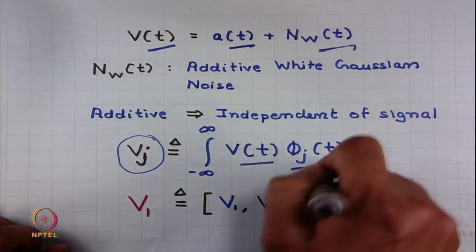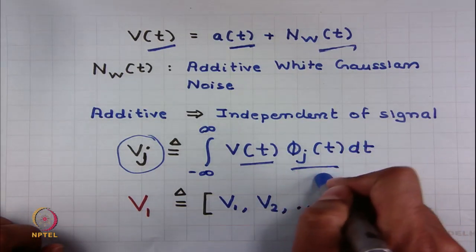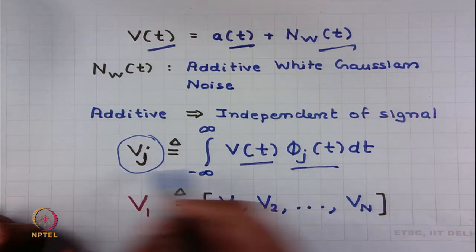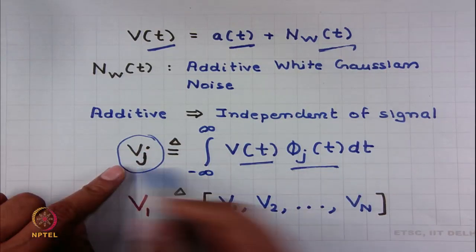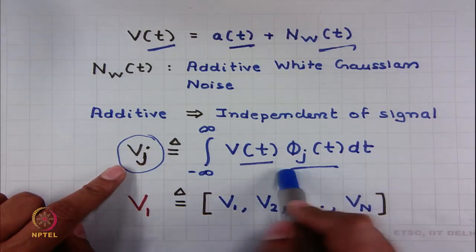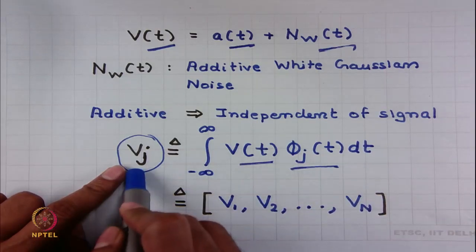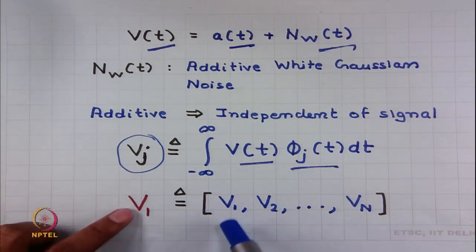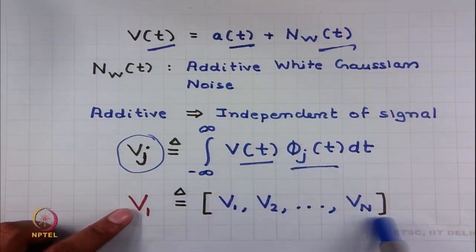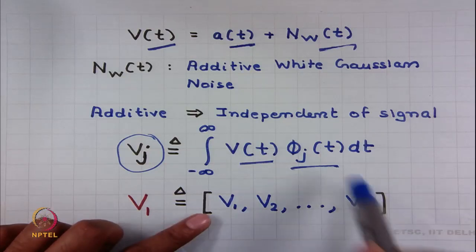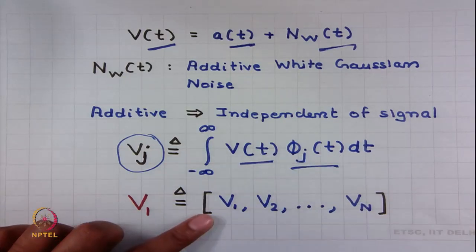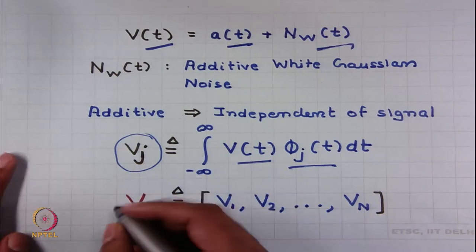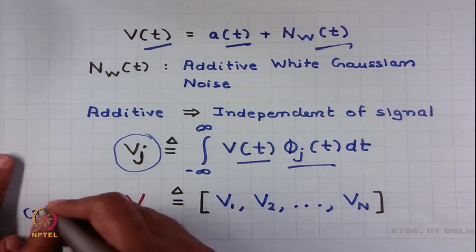This is a linear functional of the random process, and a linear functional of a random process is a random variable. So I am getting the random variable corresponding to this orthonormal function phi j(t), and hence I am using a subscript j. Similarly, I can get random variables corresponding to each orthonormal function, and I can thus construct a random vector. So this is a Gaussian random vector.